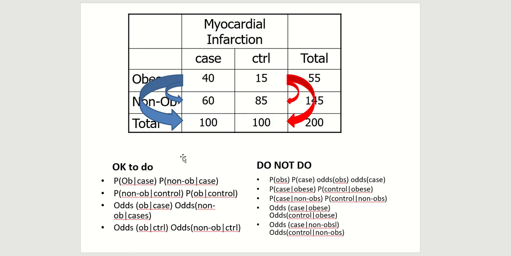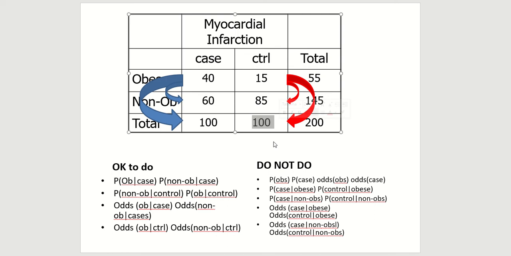So what are the things that you can calculate, and it's okay to calculate? It's okay to calculate the proportion of exposed among the cases. Our example is myocardial infarction, and I think this was obesity, so obese and non-obese. We have cases of MI and controls, and we're seeing how many are obese. So 100 and 100 because I, as a researcher, looked for 100 cases of MI and 100 controls, and then I'm checking their obesity level.